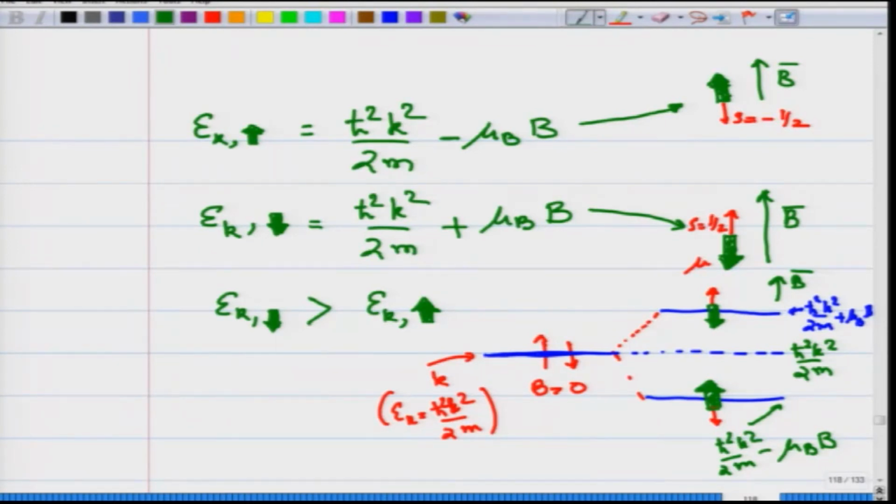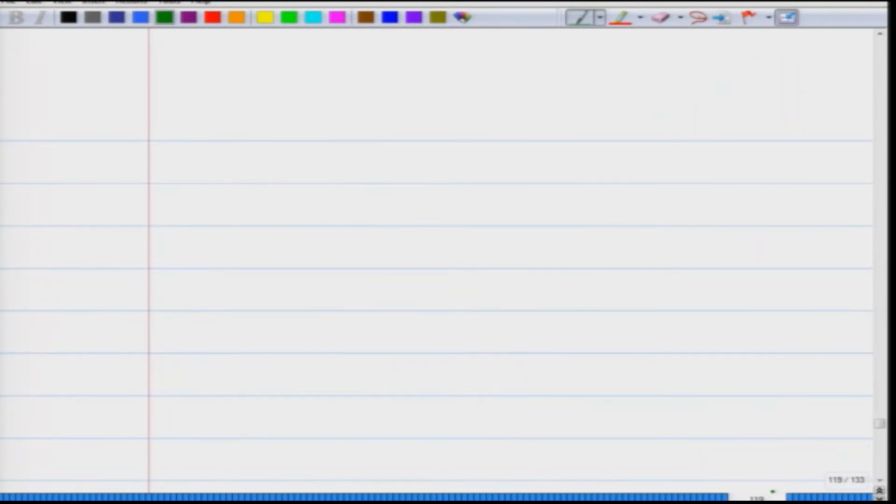Again from Sommerfeld's theory, electrons which are very far away from the Fermi energy will not contribute, because there are no states for them to go into. If you have a Fermi space kx, ky, electrons which are very far away from the Fermi surface will not be able to go to higher or lower energy states, because these are already completely occupied.